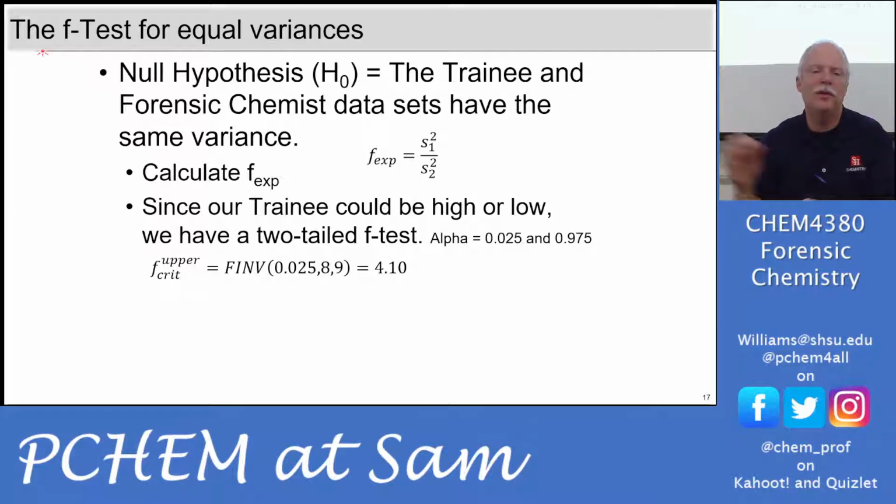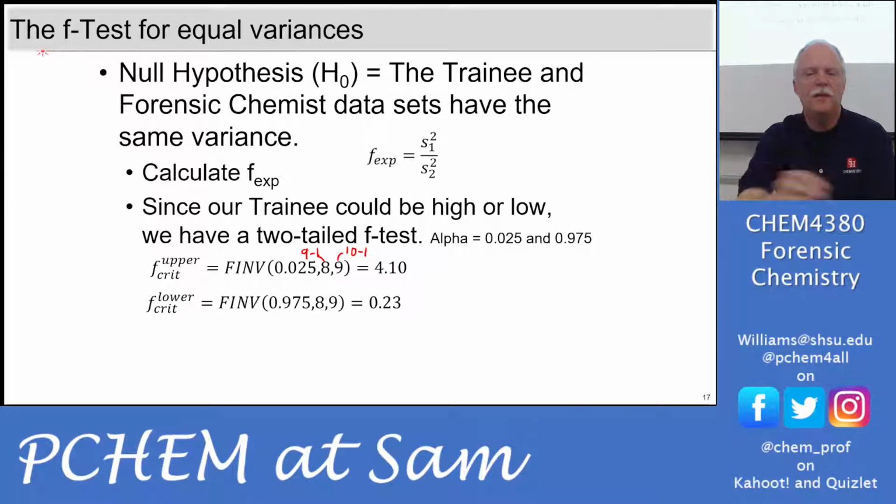So we have an upper critical F value and a lower critical F value. And notice we have both degrees of freedom in here. This was the 9 minus 1 for the trainee, and this is the 10 minus 1 for the forensic chemist. So that's our upper value of 4.1. Our lower value would be the 0.23.